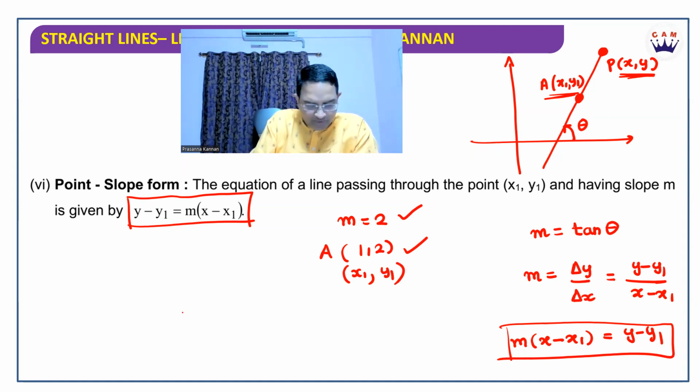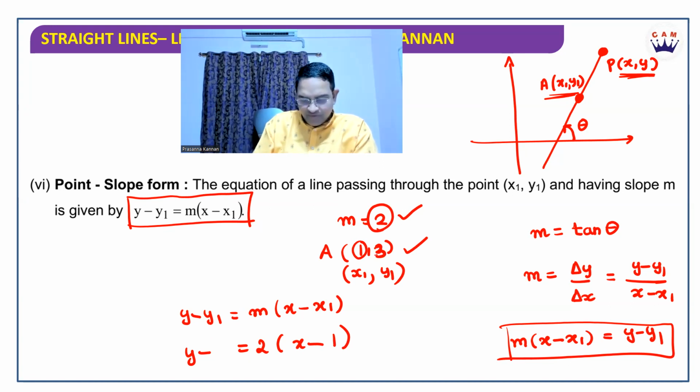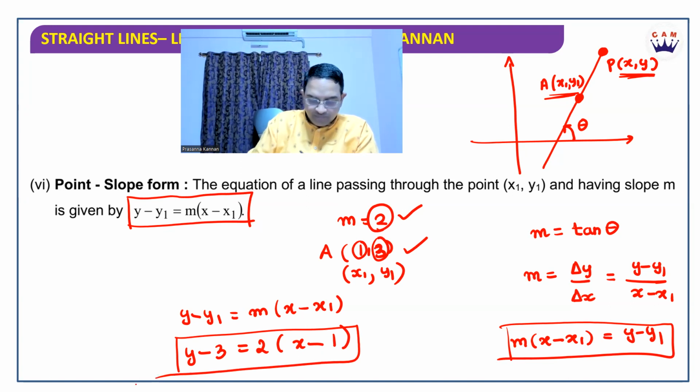What is the formula? Simple. y minus y1 is equal to m into x minus x1. So wherever m is there, you substitute 2. Wherever x1 is there, you substitute 1. And wherever y1 is there, let's say just for variation, we'll keep the point as 1 comma 3. So then y1 is 3. This will be the equation.